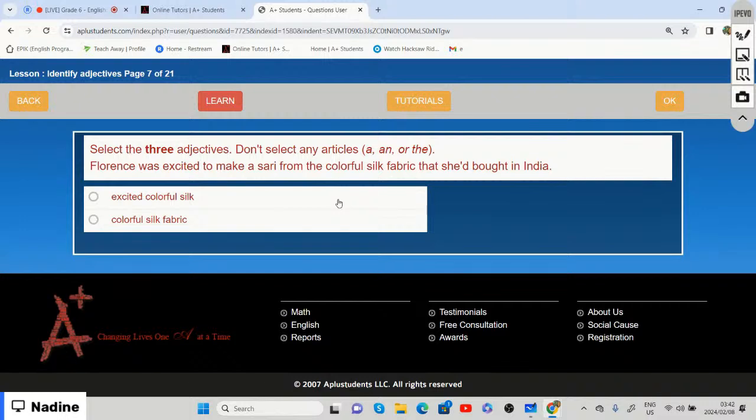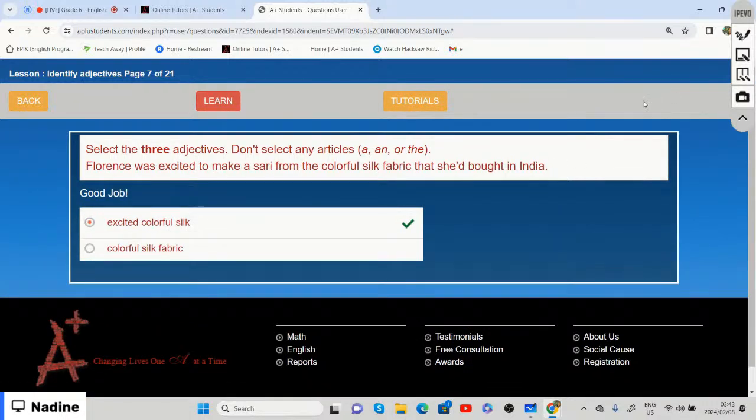So now we must select the three adjectives and we select the first one: excited, colorful, silk. All right.